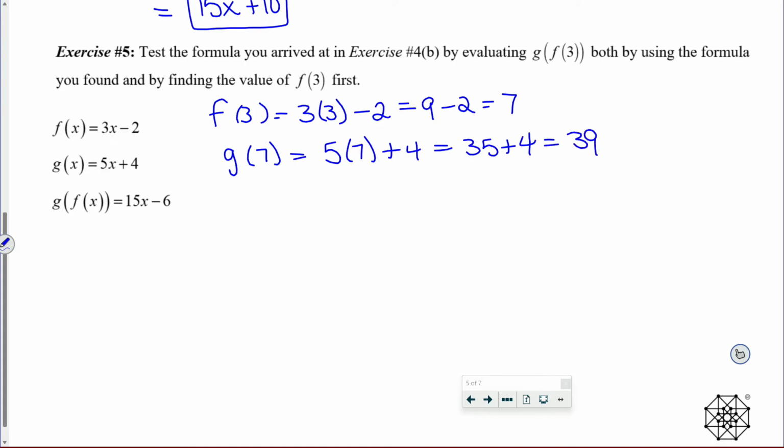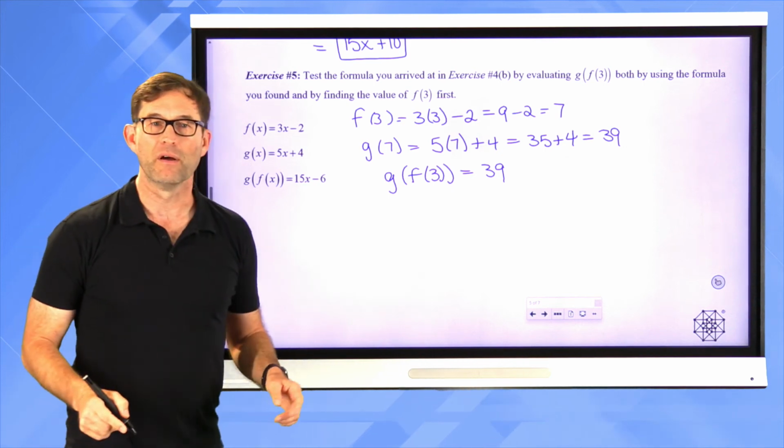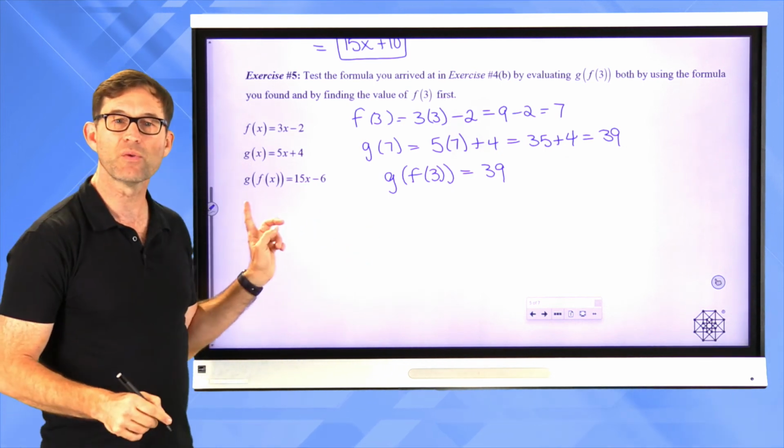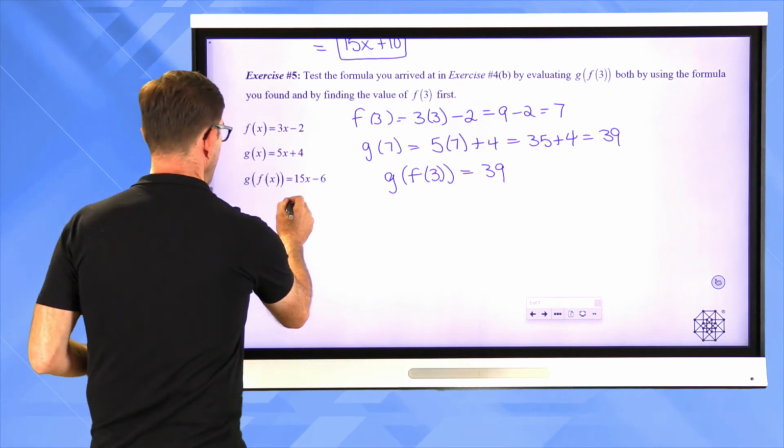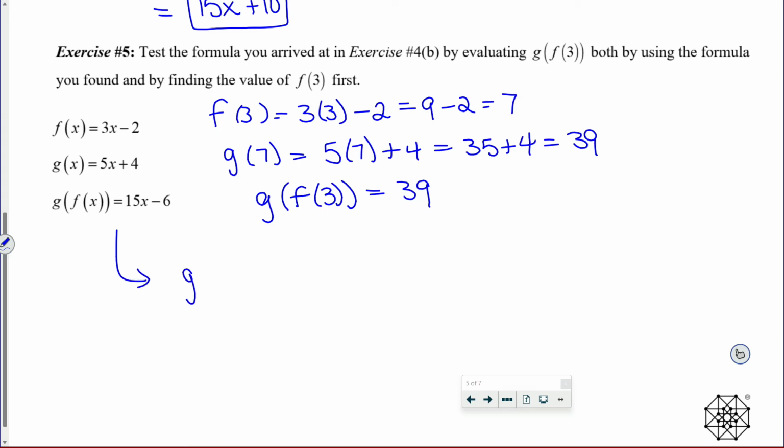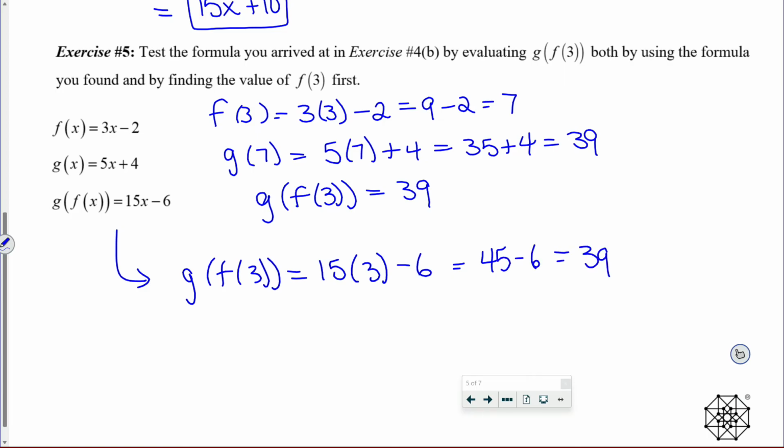So in other words, doing it that way, g of f of 3 is 39. But we now have a formula for g of f of x, so let's now use this one. If we do it this way, g of f of 3 is going to be 15 times 3 minus 6, and that's 45 minus 6, and that's also 39.